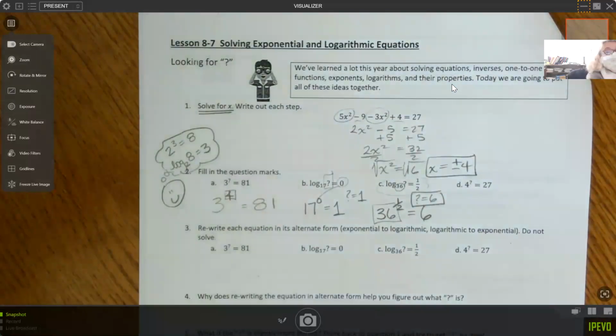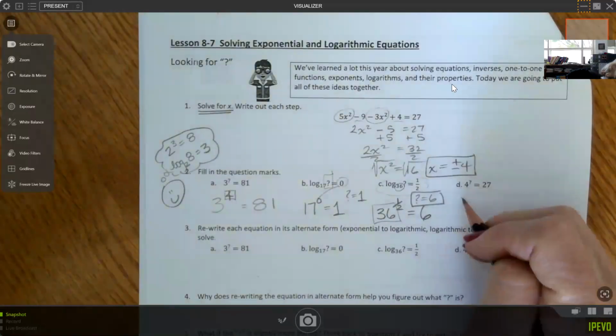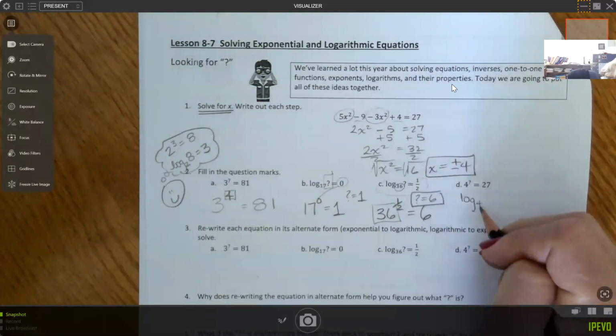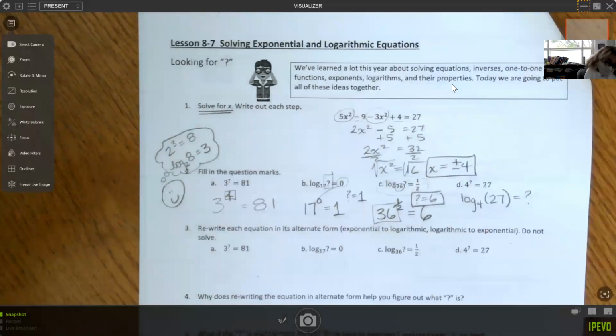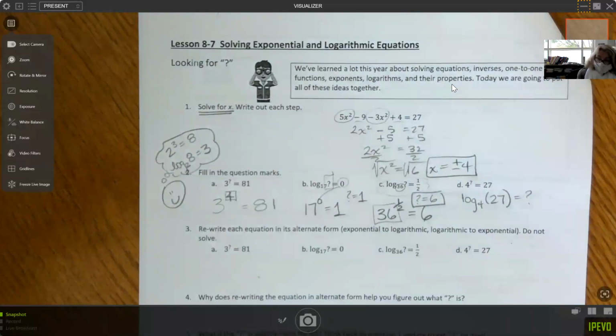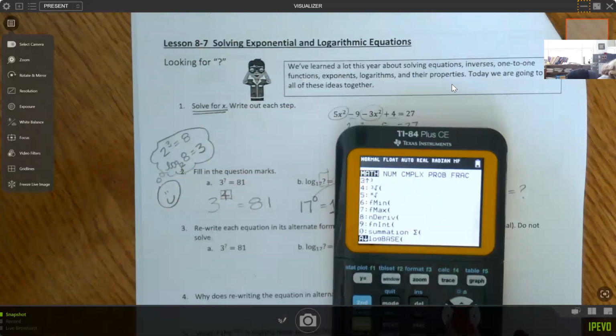But I could say this is really saying log base 4 of 27 equals the exponent, and then I could put it in my calculator. I could use my math button and come down here and say log base 4 of 27.